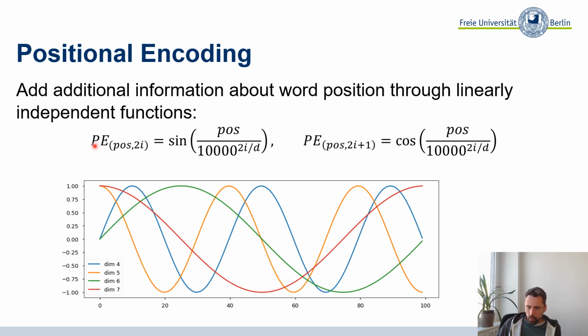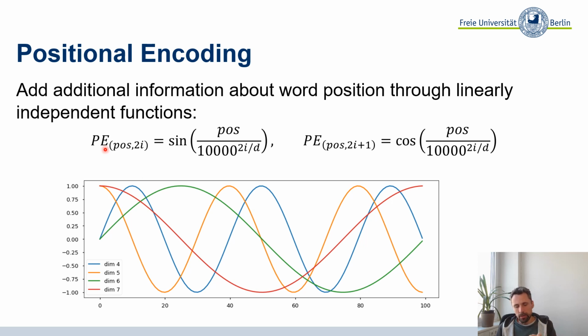And so what it is, is a 512 dimensional vector that is composed of sine and cosine waves in alternating fashion. So you always have a pair of sine and cosine with a given frequency.